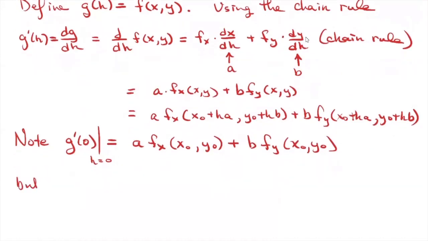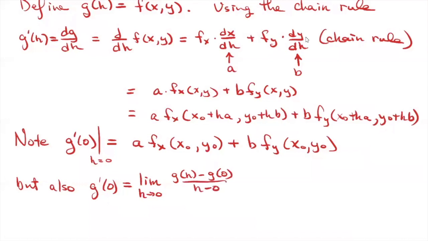But also, g prime at 0 would be the limit as h goes to 0. The definition of a derivative would be g at h minus g at 0 over h minus 0. And g of h, we said, is up above.